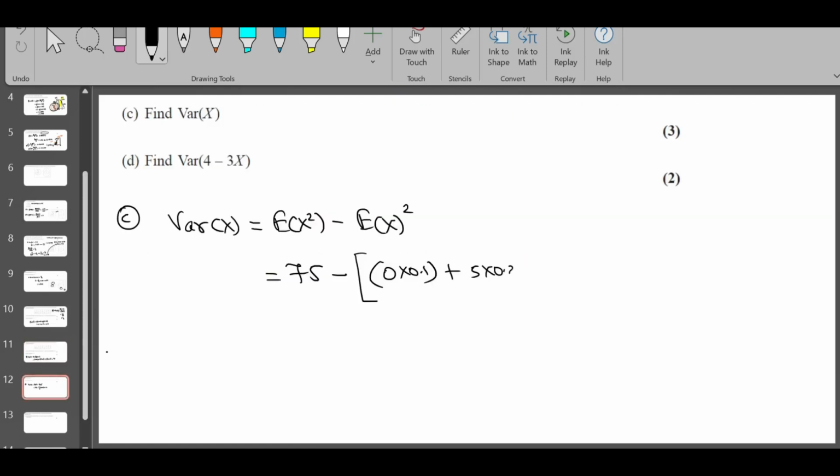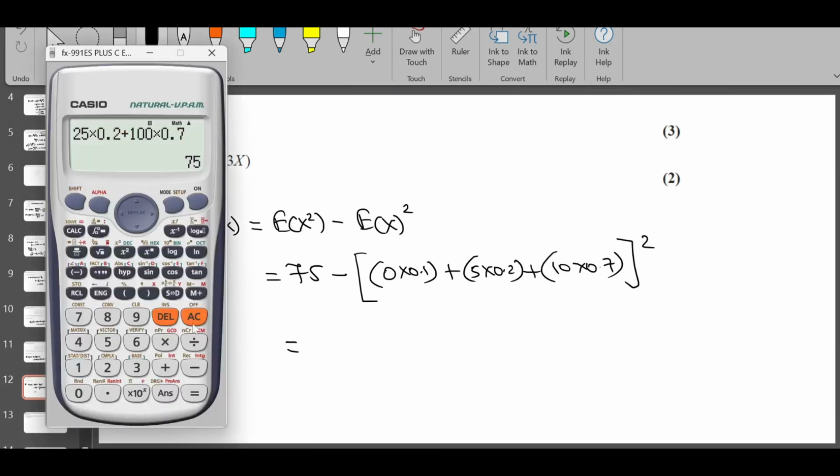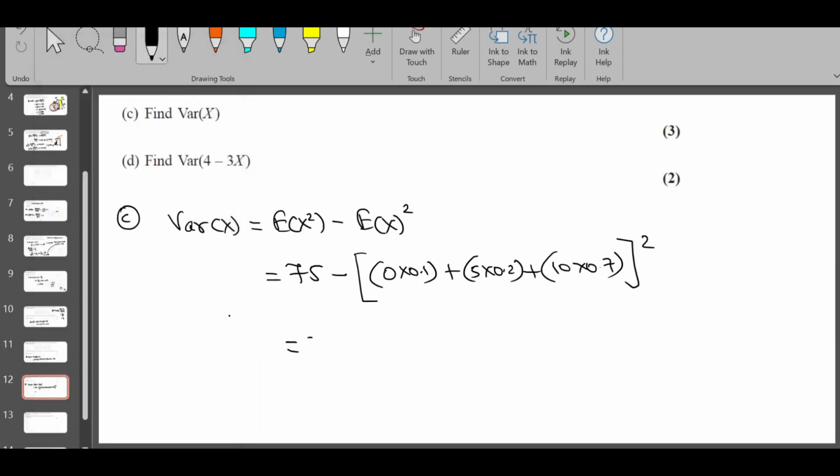I'm going to do everything in one shot, or just calculate E of X first. The first one becomes 0. 5 times 0.2 plus 10 times 0.7. You get 8. 75 minus 8 squared, 64. 75 minus 64 is 11.